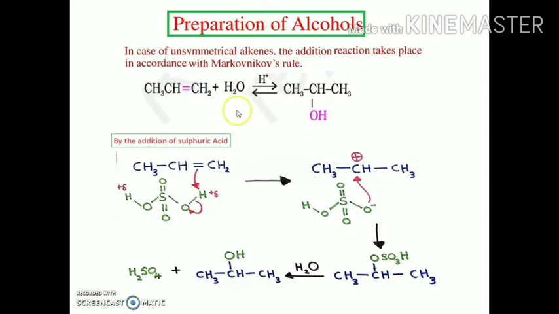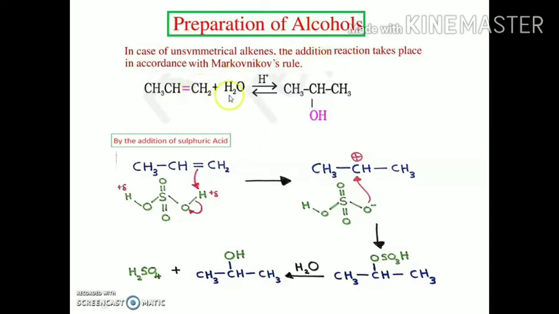The next is the preparation of alcohols in the case of unsymmetrical alkenes. The addition to unsymmetrical alkenes takes place in accordance with the Markovnikov rule. According to the Markovnikov rule, in electrophilic addition to the alkene, the positive part goes to the carbon of the carbon-carbon double bond that has the greater number of hydrogen atoms, and the negative part goes to the carbon atom that has the lesser number of hydrogen atoms.